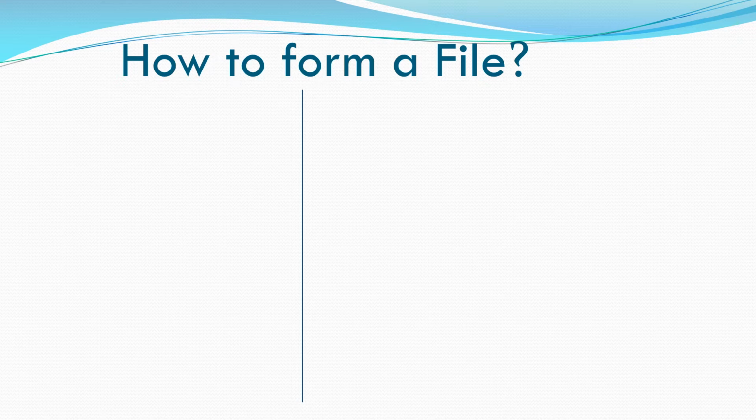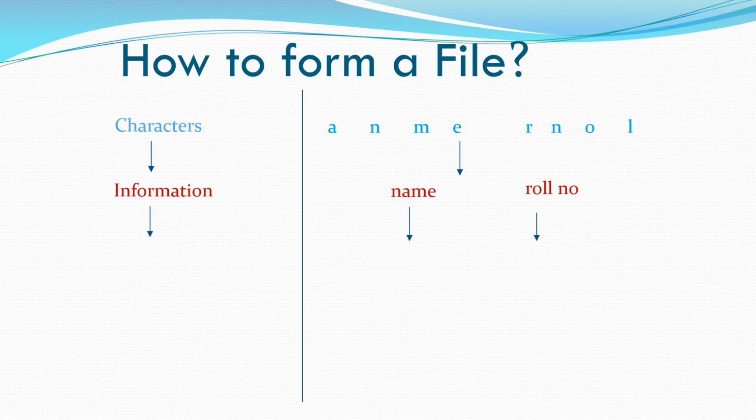So how is this file formed? It forms with characters. These are different sets of characters or combinations of characters. Using these characters we'll form some information, that is name and roll number. Then using this information we will form different fields.